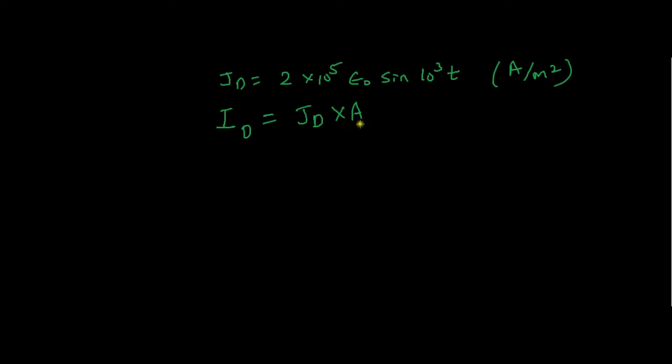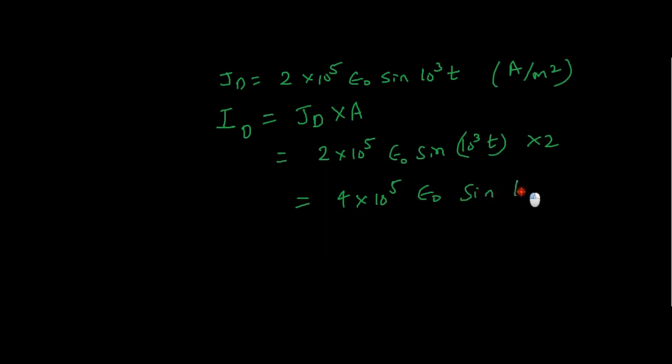The area is 2 meter square. If you multiply, we get 2 into 10 raised to 5 epsilon naught sine 10 cube t into 2. This is nothing but 4 into 10 raised to 5 epsilon naught sine 10 cube t.